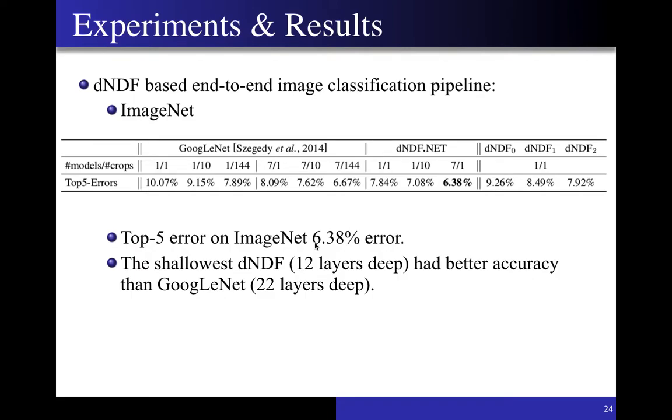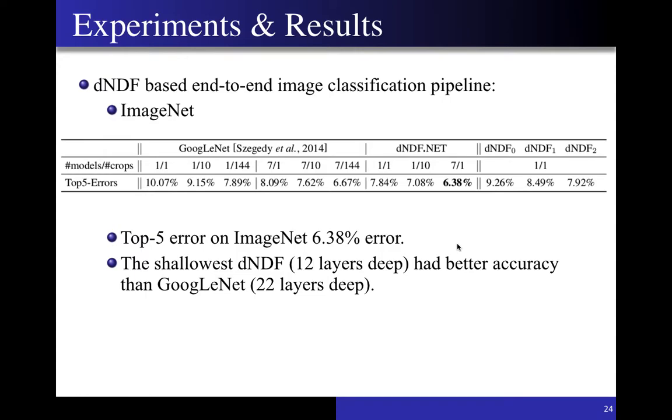The resulting decision forests are referred to here as DNDF0, which is closest to the raw input. The middle one is DNDF1, and the terminal layer of decision forest is referred to as DNDF2, which is this one. This network was trained on ImageNet for 1000 epochs using mini batches of size 100 images.